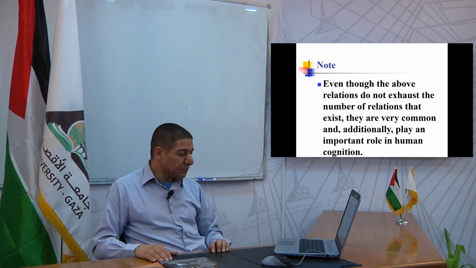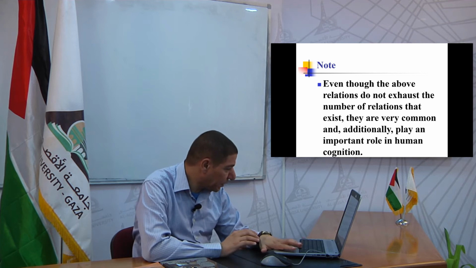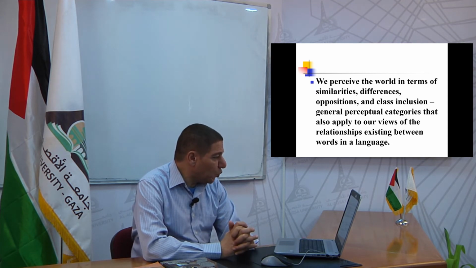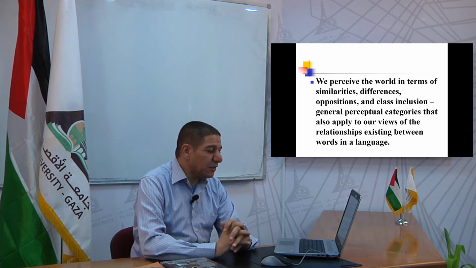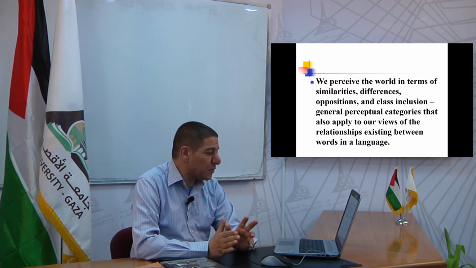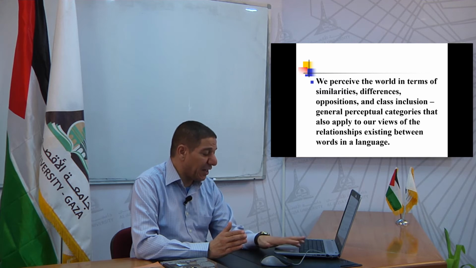Okay? We perceive the world in terms of similarities, differences, oppositions, and class inclusion, general perceptual categories that also apply to our views of the relationships existing between words in a language.